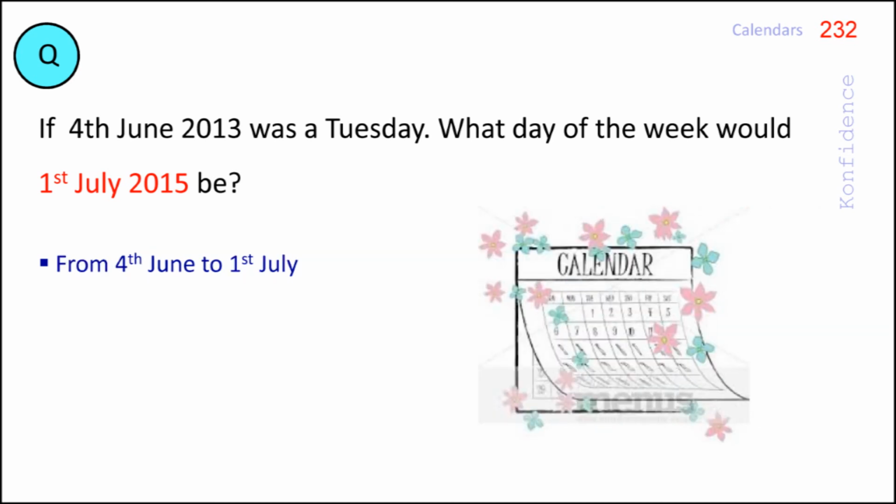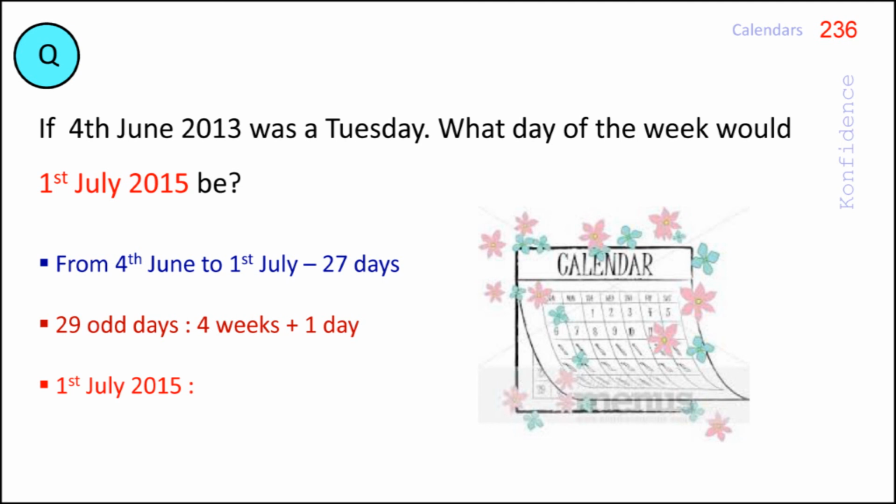From 4th June to 1st July, there are 27 days. So, there are 29 odd days between these two dates given in the question, which is equivalent to 4 weeks plus 1 day. And therefore, 1st July 2015 will start on the next day after 4th June 2013. So, it will be a Wednesday.